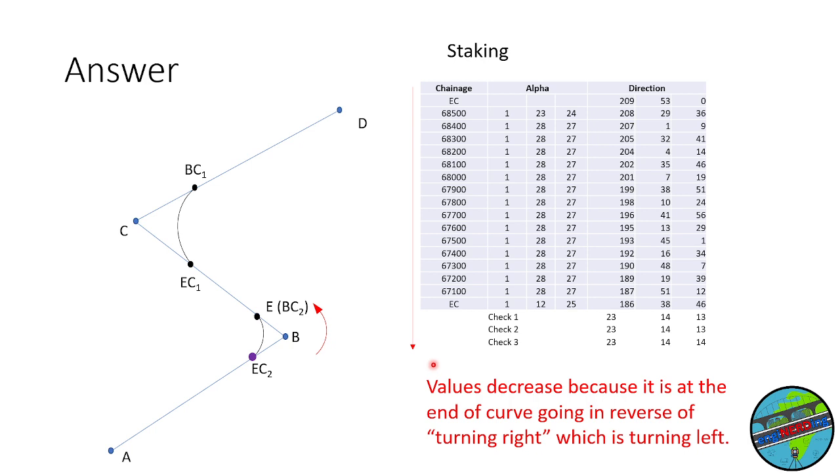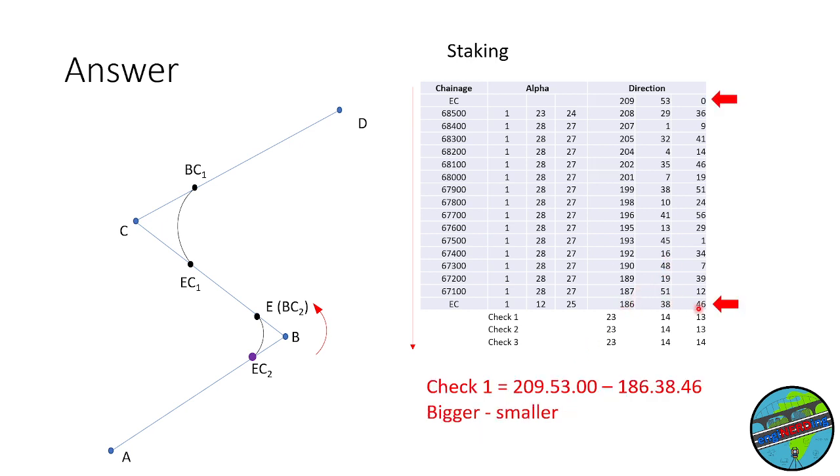The first way: as I said with the arrows, we go down, we get to this last value, then we say the bigger direction minus the smaller one will give us a certain amount of angle between the two, which in this case is 23, 14, 13.